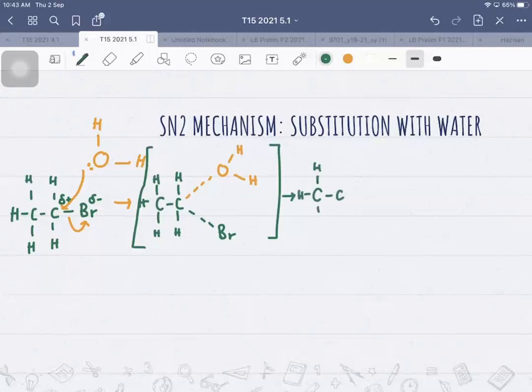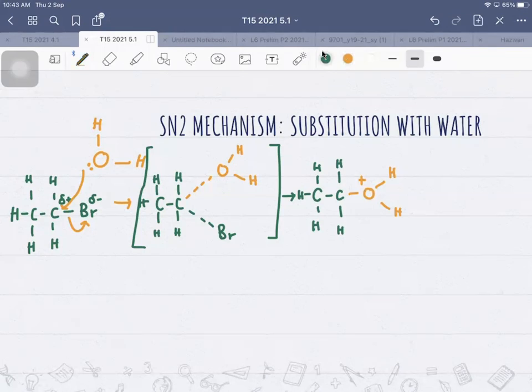The bromine leaves as a bromide ion. The carbon-oxygen bond is newly formed. And please take note that this oxygen forms 3 bonds, so it has a positive charge.